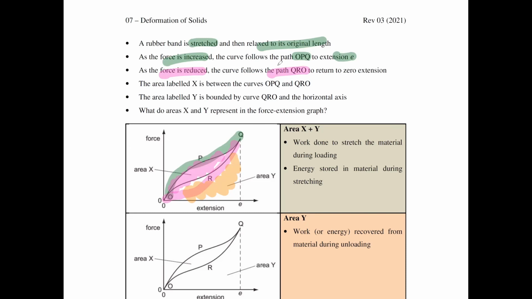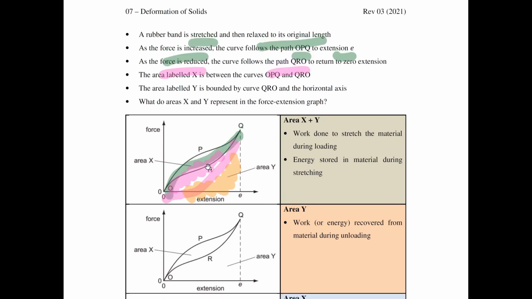So what do the arrows X and Y in general represent? Area X plus Y is this entire area here. You can think of this little portion here as loading, and this portion here as unloading.